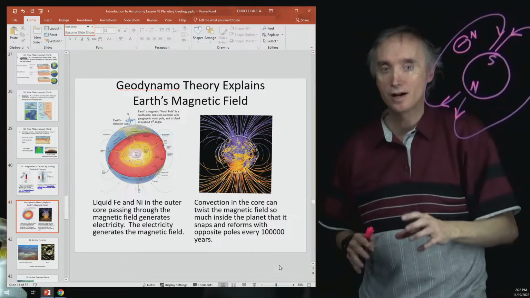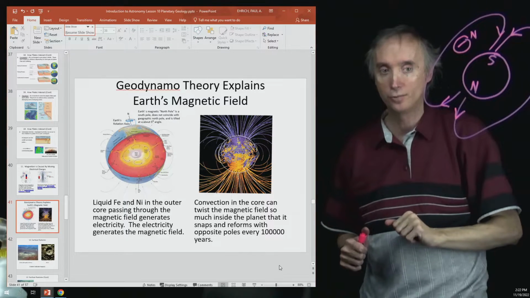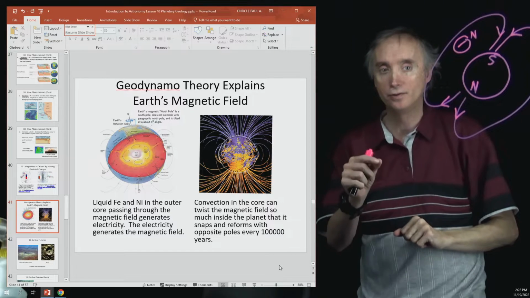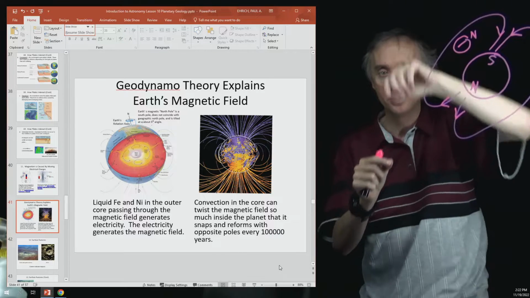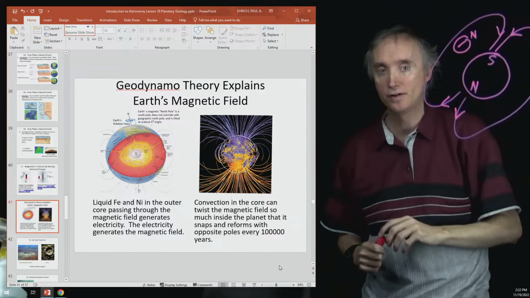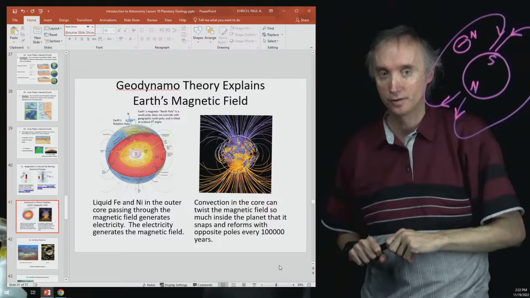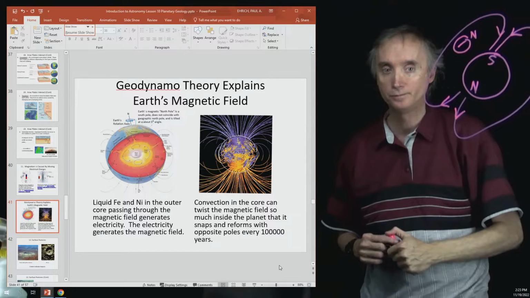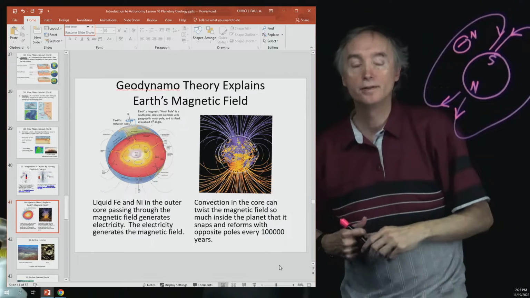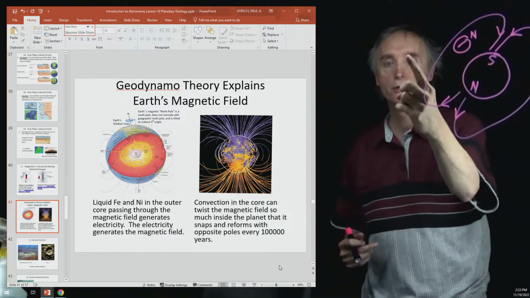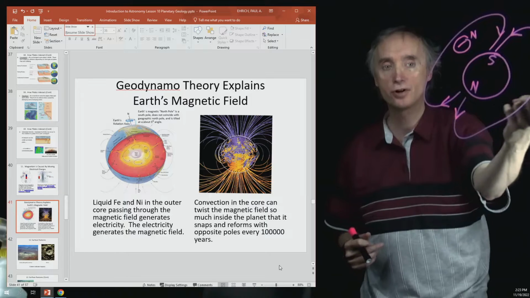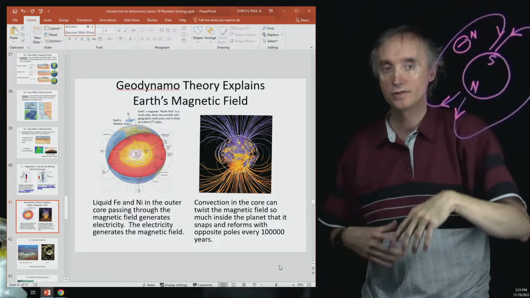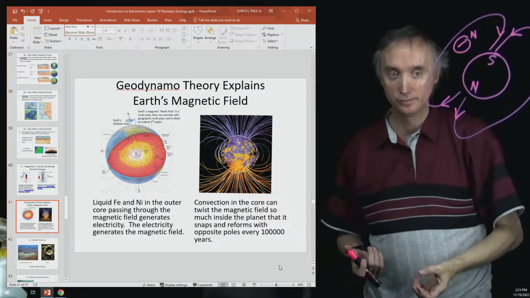What would the solid inner core do? It would be like the nail. So you've got the nail, and then you wrap it with the wire. So the nail intensifies the magnetic field of the Earth. It doesn't actually cause it, but it does make it stronger. So as this material goes around and around, it's got electrical charges, and then that's creating electricity that is making the magnetism.